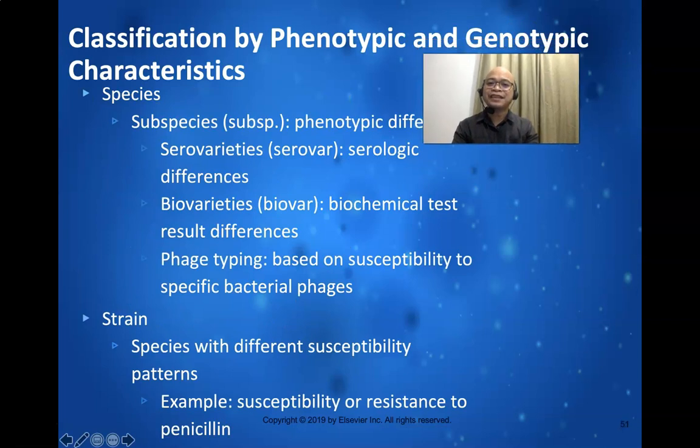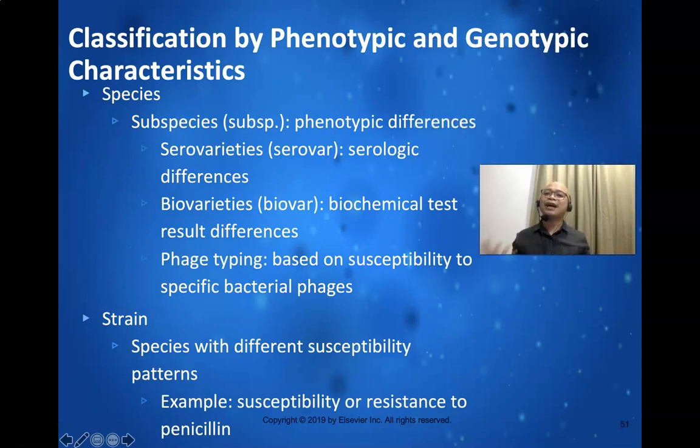The species would also have subspecies, which pertain to phenotypic differences. Under the subspecies, there could be serovarieties because of serologic differences, biovarieties because of variation in biochemical test results, and even phage typing, because bacteriophages may be utilized in typing bacteria based on susceptibility to specific bacterial phages.